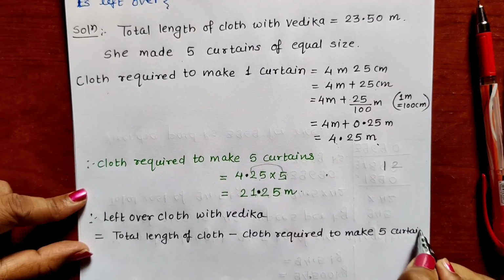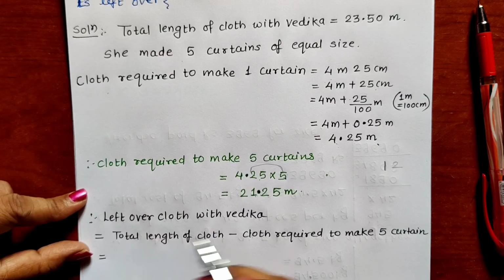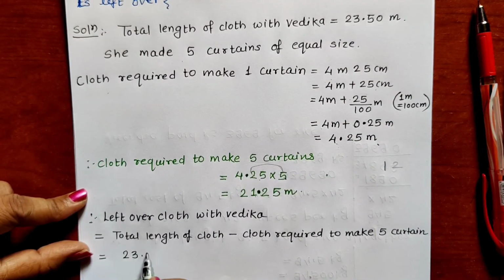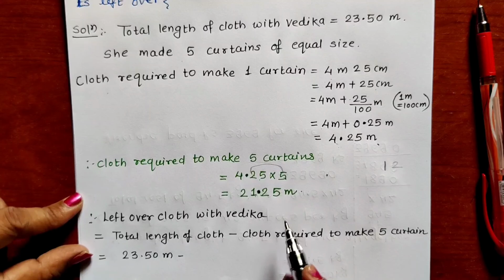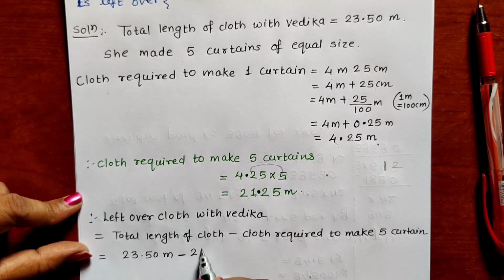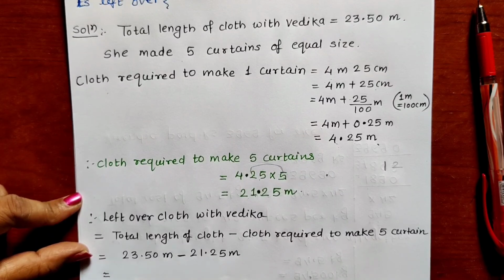Okay, so we will subtract. What was the total length? It is 23.50, so I write here 23.50 meter. How much cloth did she use to make 5 curtains? 21.25 meter. You have to subtract it and write the answer.